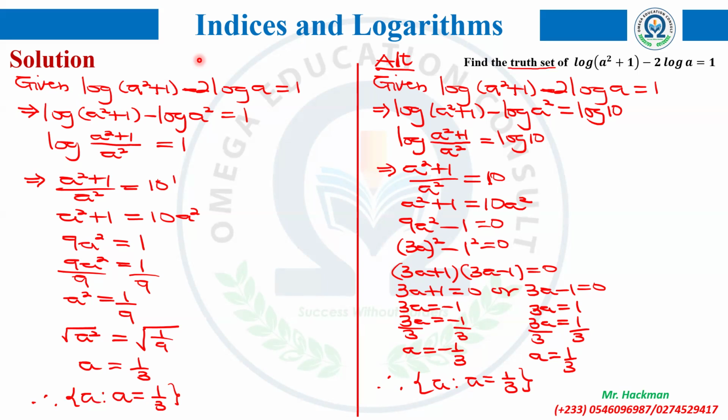Then your log terms, which will be on one side, you write as a single log, then you switch to an exponential equation, which happens to be your comfort zone. Then you solve. However, remember you were told that after finding the solution, don't be in a hurry to conclude. Always test the validity of your solutions, even if mentally.